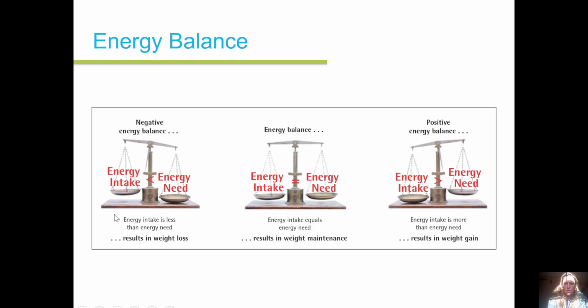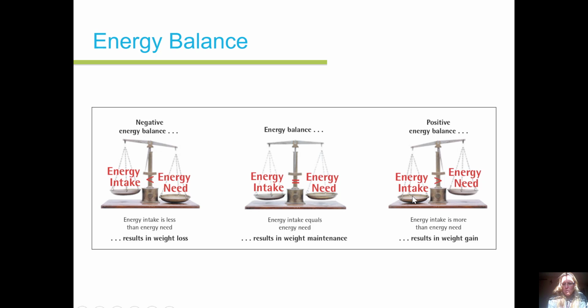And if that's a goal, we need to know what these numbers are. And in order to lose 1 pound of fat, you have to burn off 3,500 of these calories. So that's why weight loss doesn't happen overnight. It's a slow process, but if we create this negative energy balance, weight loss will occur. On the other hand, many people today are in what's called a positive energy balance.